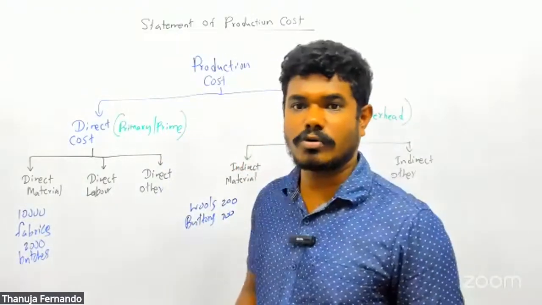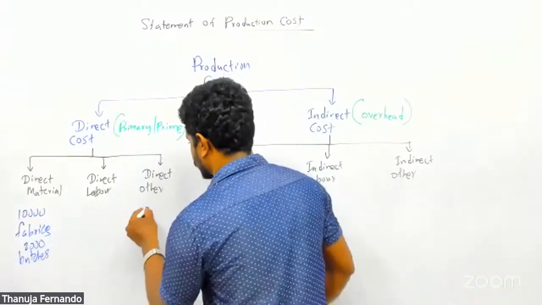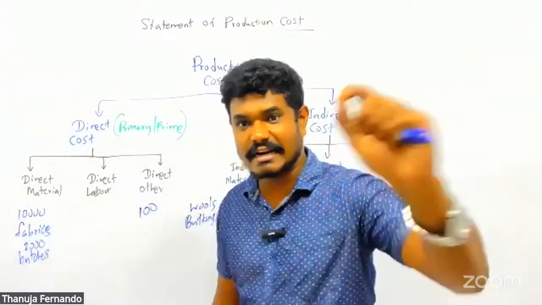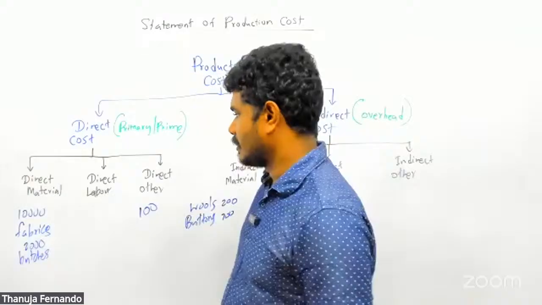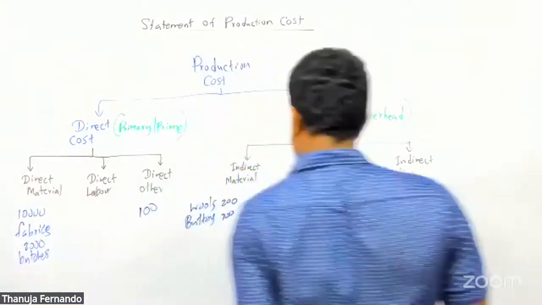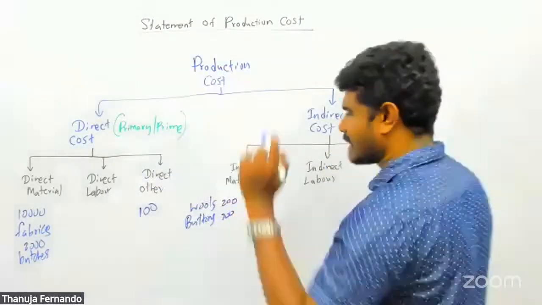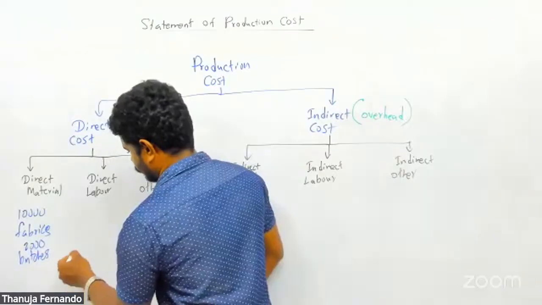Book cost 1000. The author says, I need 100 per one book. Then it is directly involved in the book. Let's say to produce it, direct material, direct labor, indirect material, indirect labor, indirect other, all the things take 1,000 rupees.